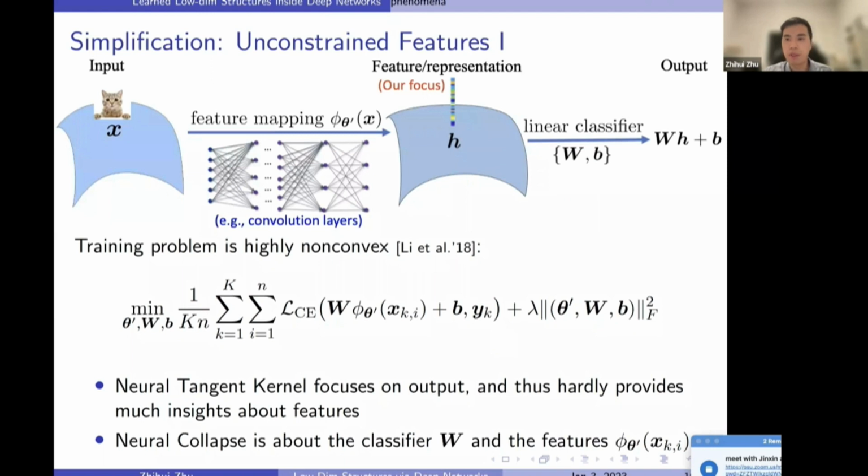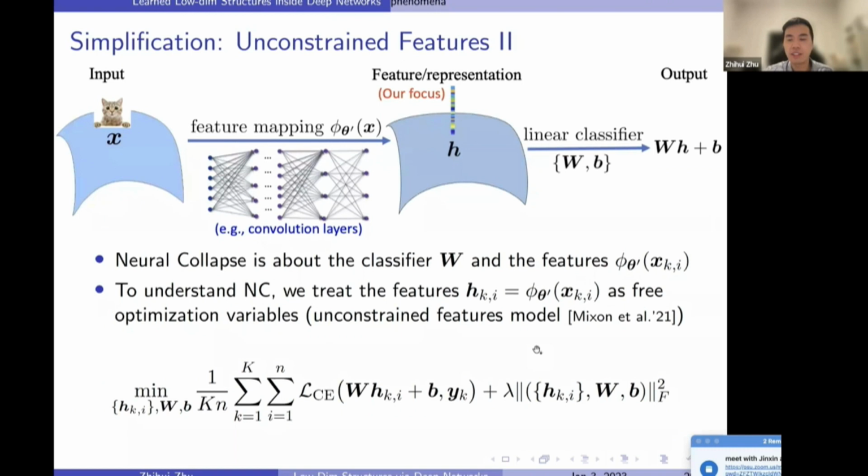So here we will exploit another perspective, and we will study the problem by studying a simplified problem. The motivation is that, recall, neural collapse is only about the learned classifiers W and the features.